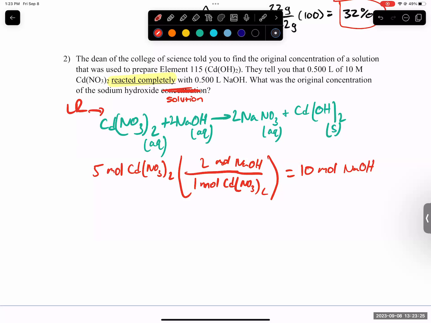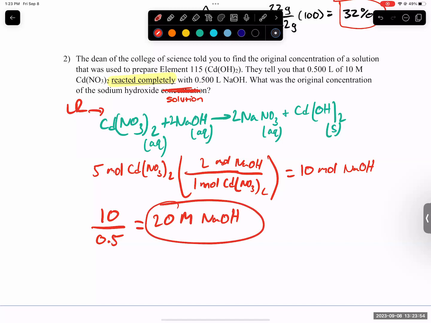That's it. That's the problem. No, what is it asking? Concentration. How do we get concentration if we have moles? Moles divided by liters. So we have 10 moles. We're going to divide that by 0.5 liters. So what do we get as our final answer? 20 molar sodium hydroxide, which if you do see this, please get away because that's a high concentration of sodium hydroxide.